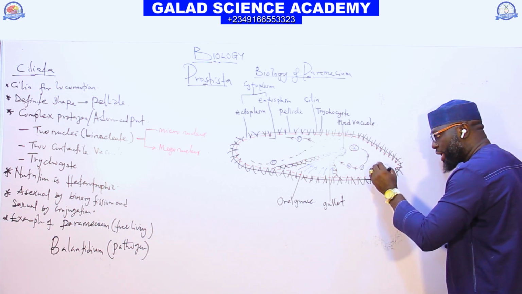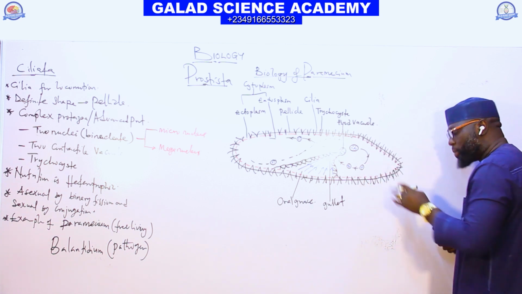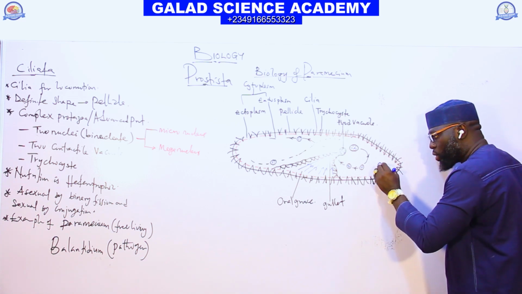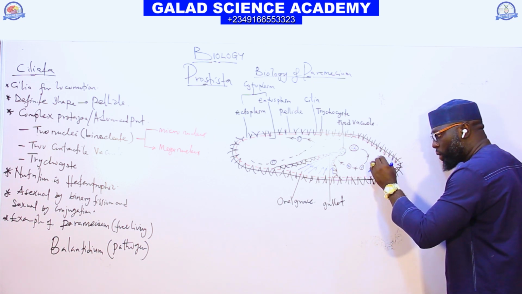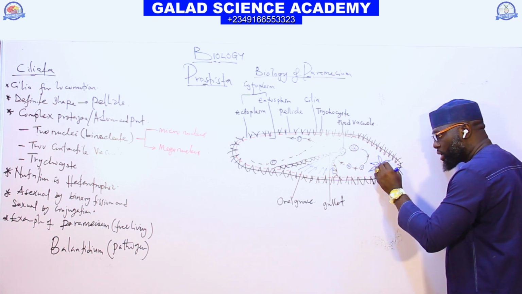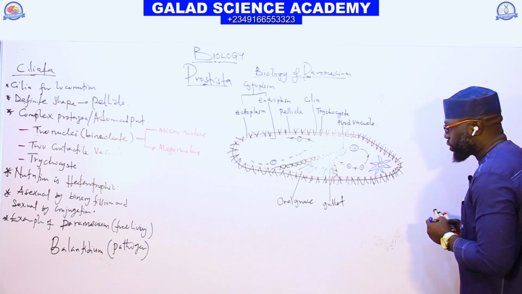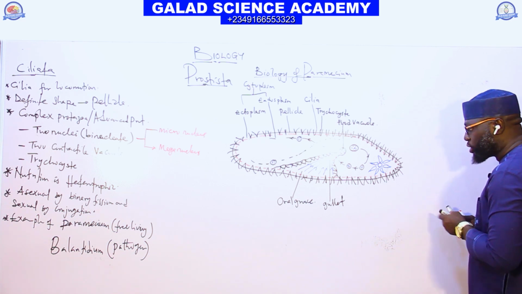The first one here, let me use blue marker for it. We call it the anterior contractile vacuole because they have two contractile vacuoles: one is anterior, the other is posterior. So this is the contractile vacuole of Paramecium.